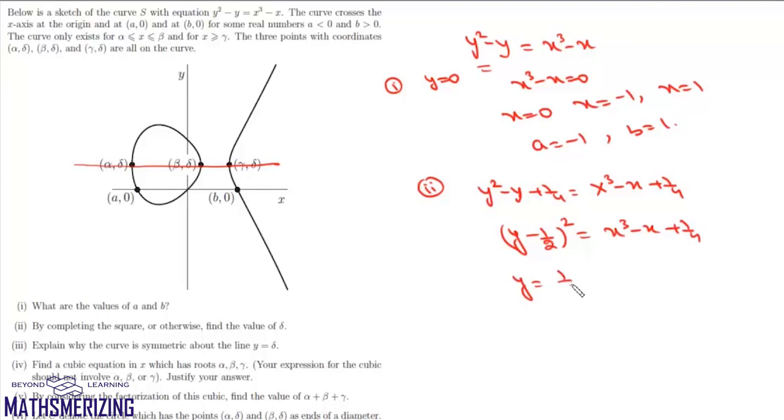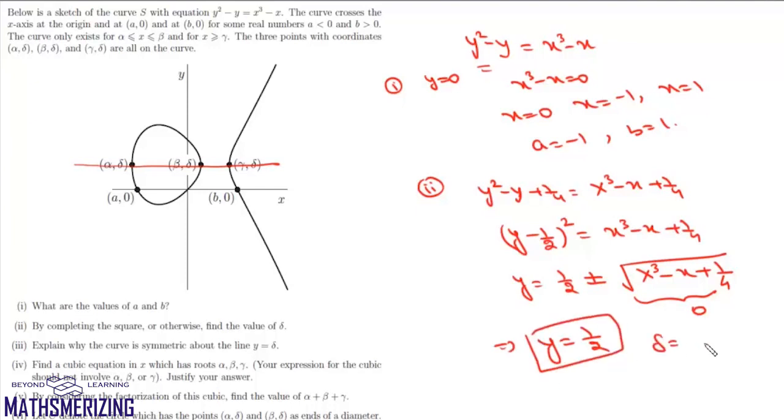We'll write y as 1/2 plus or minus the square root of x cubed minus x plus 1/4. Now for 3 different values of x, we are only getting one value of y. So we can get one value of y only when this expression is 0. When this expression is 0, the value of y should be 1/2. So from here we can say the value of delta has to be 1/2.